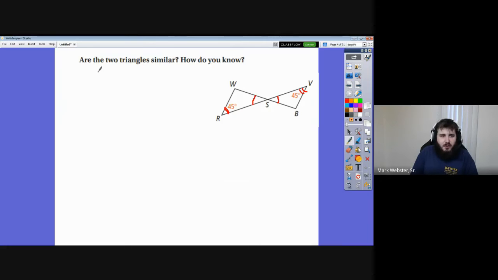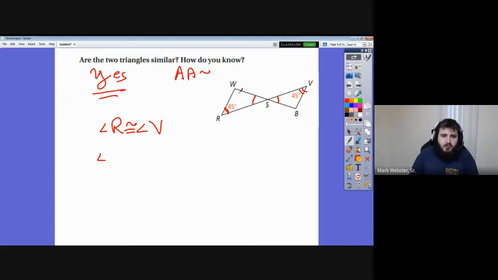So are they similar? Yes. By angle, angle, similarity. And just like when we were doing this with congruence, we should write down what the angle pairs are. Angle R is congruent to angle V. And I've got to use the three-letter government name for angle S here because if I just say angle S, which of these angles am I talking about?